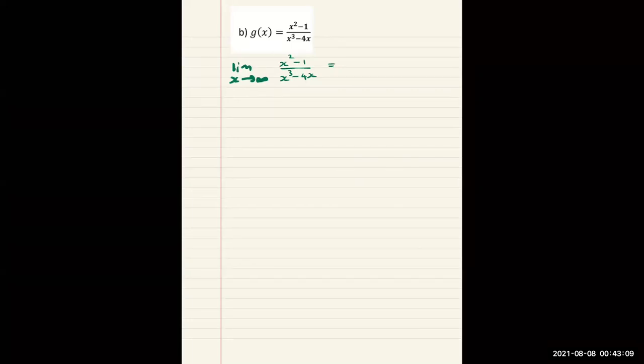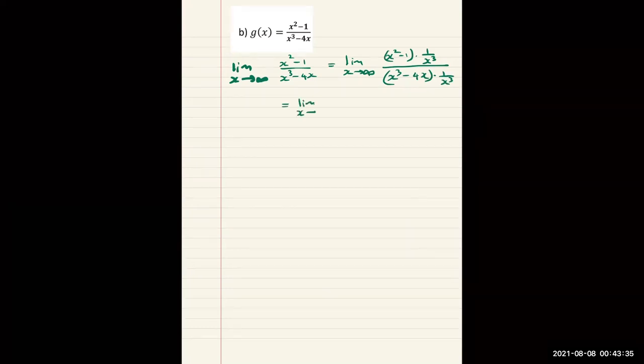So we get the limit as x approaches infinity of x squared minus 1 times 1 over x to the power 3, divided by x cubed minus 4x times 1 over x to the power 3. Let's do this simplification.